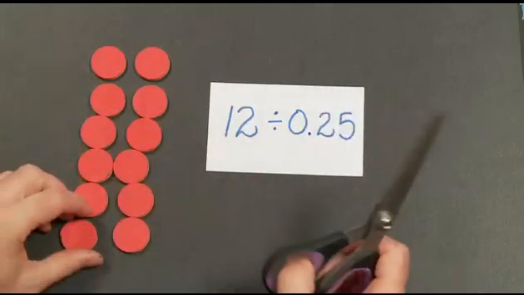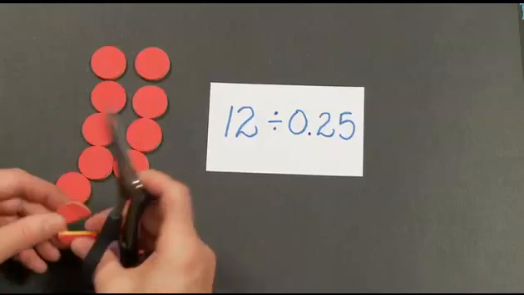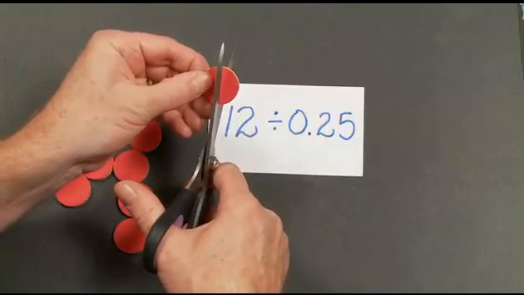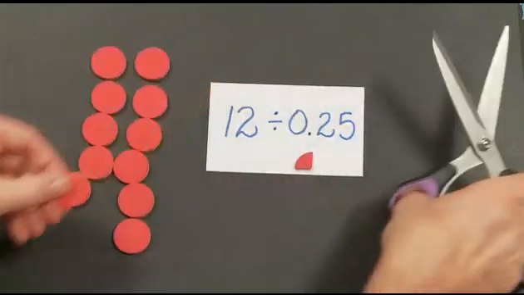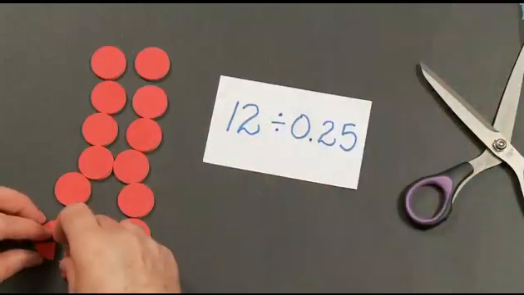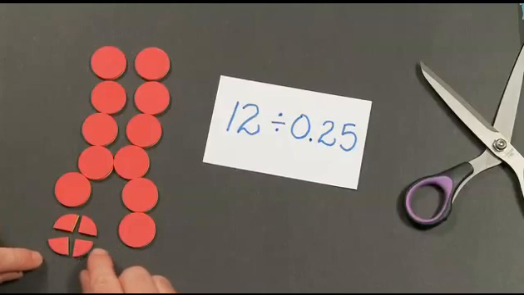Well, think about what we're asking again. How many quarters can we make out of 12? I've already cut this into half. Let's now cut it into quarters. I think you can see what's going to happen. Each one of these is going to hold 4 quarters.